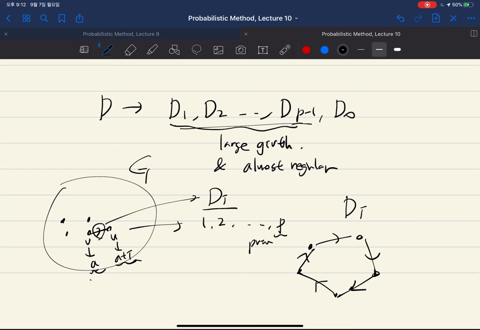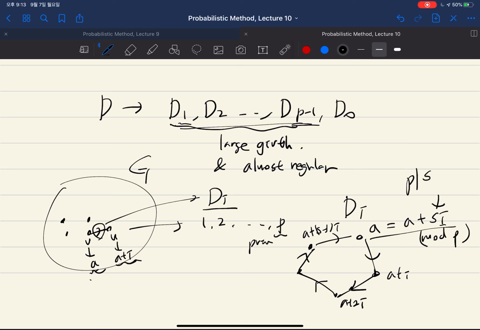Every time, if this is colored with A, this must be colored with A plus I, this is A plus 2I, and so on, A plus (S minus 1)I, and A must be the same as A plus S times I, taking everything modulo P. So if I is between 1 and P minus 1, which is not 0 mod P, then this ensures that S must be divisible by P.